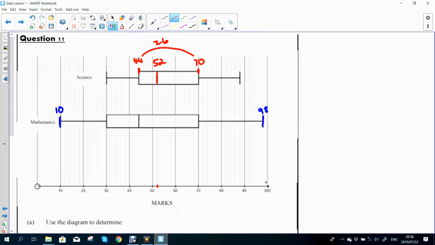Now, if I go back to the 2 box and whiskers, they will always ask a question where you have to take 2 box and whiskers and interpret them, analyze them, and give me some kind of conclusion on what you are seeing here.